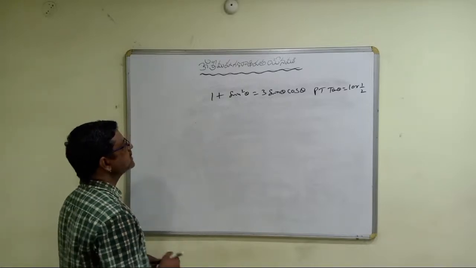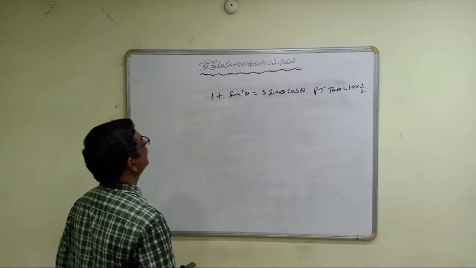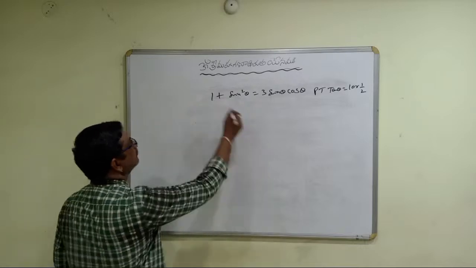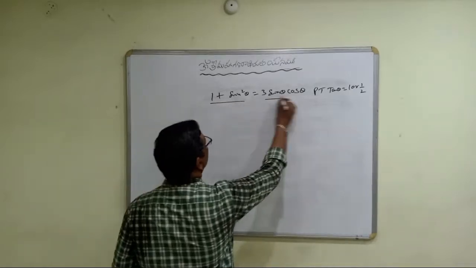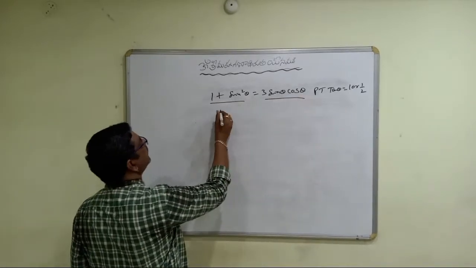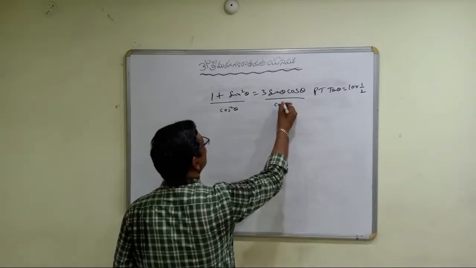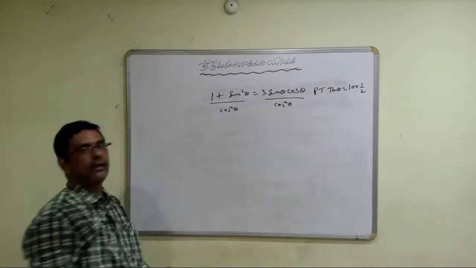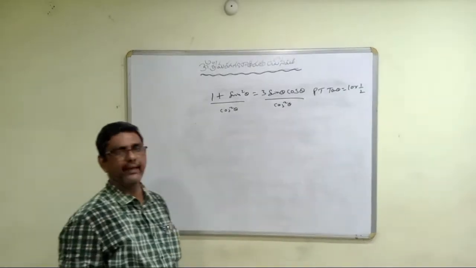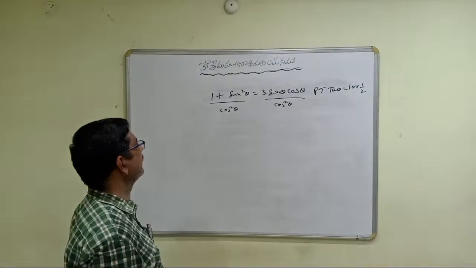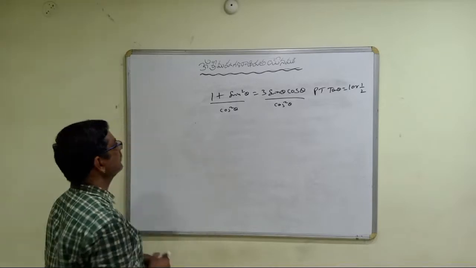What I will do is divide numerator and denominator with cos square theta. This is one way. You can write in another way also. So what happens here?